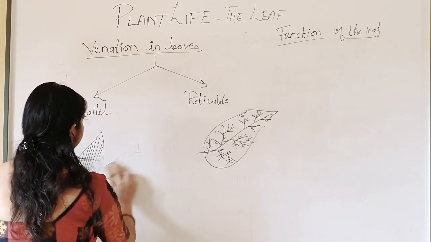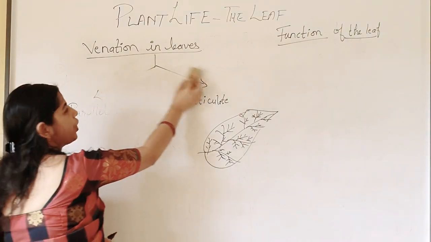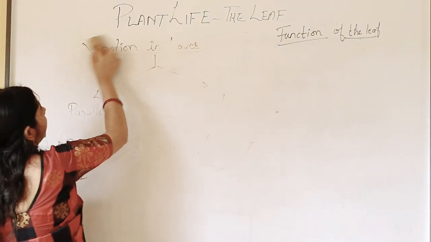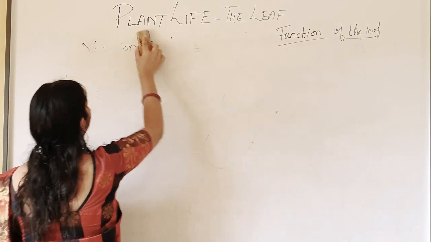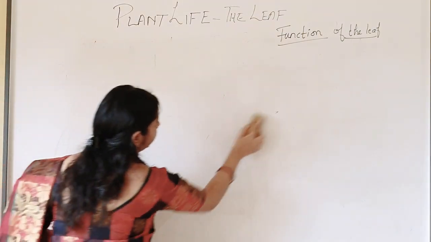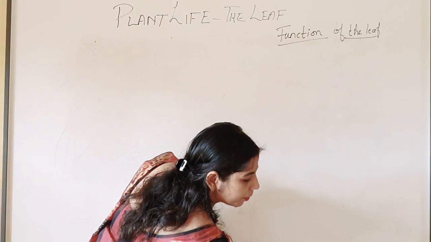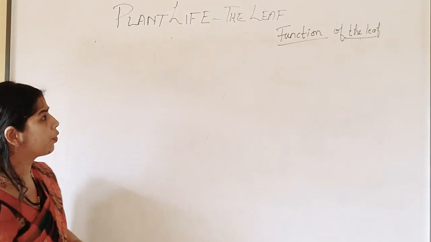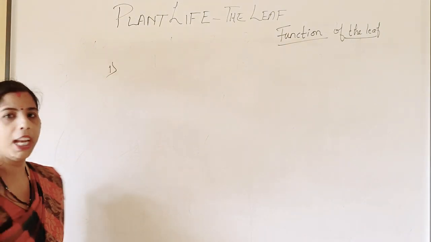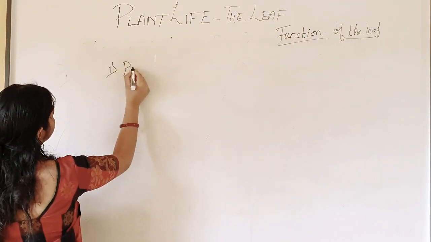It is the green part of the plant which helps in photosynthesis. That's why the leaves play an important function in the plant's life. So first start with the functions of the leaf. The first function, as I already told you, is that it helps in photosynthesis.